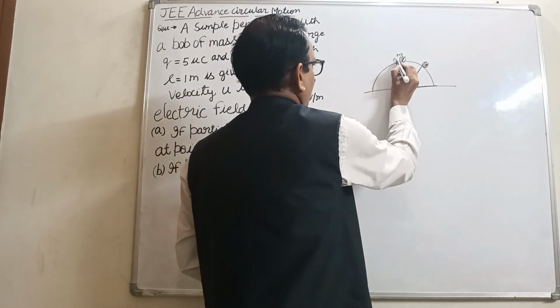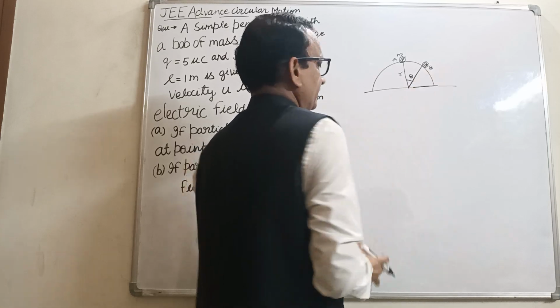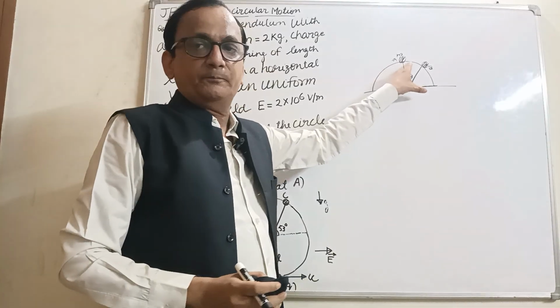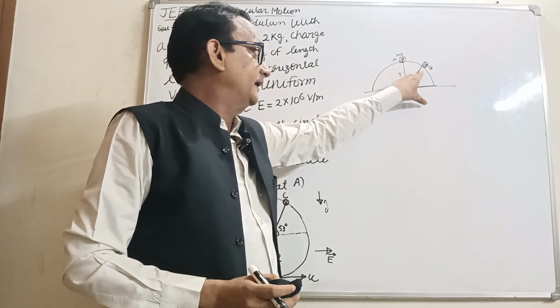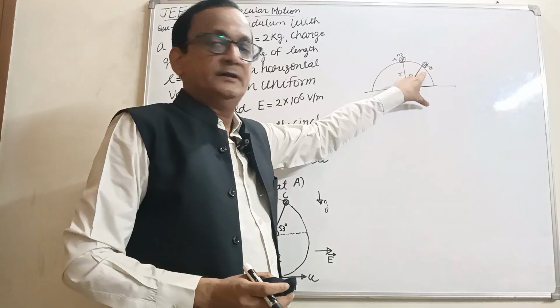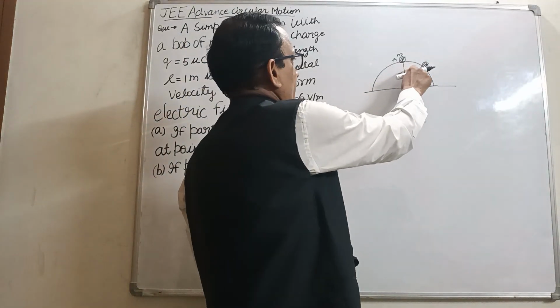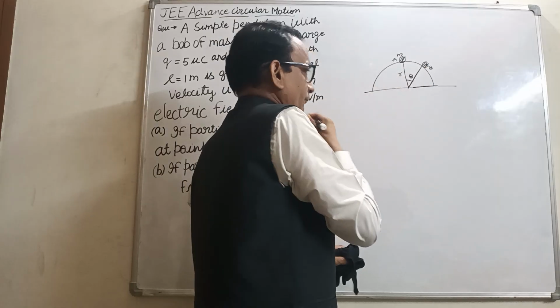Suppose this is point A and this is point B. The bob is at the top point, and when it moves from A to B, it stays in contact with the bowl.